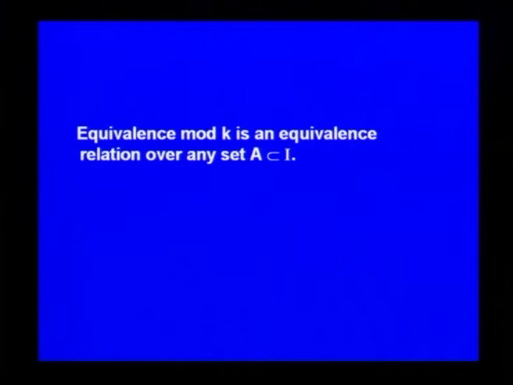Equivalence mod k is an equivalence relation over a set A contained in I. We have taken natural numbers, but you can take any other set also, and it will be an equivalence relation.